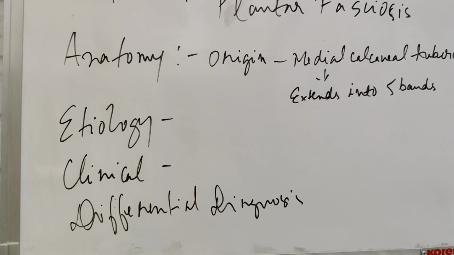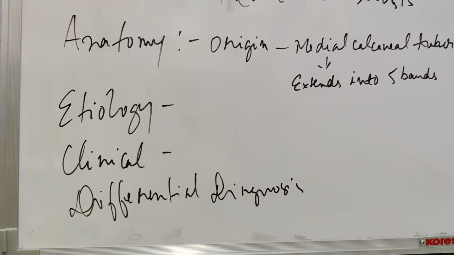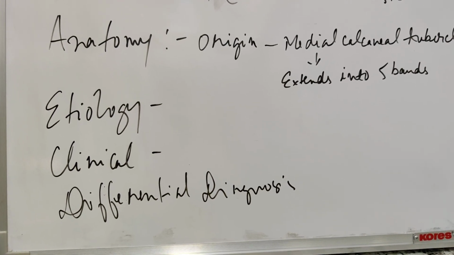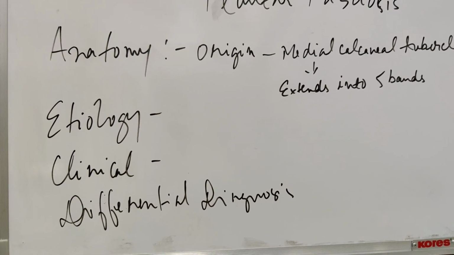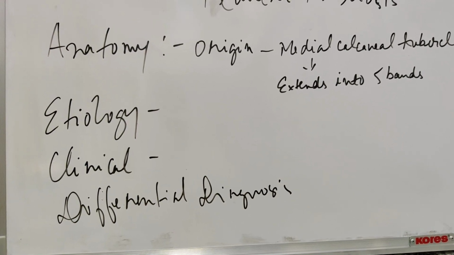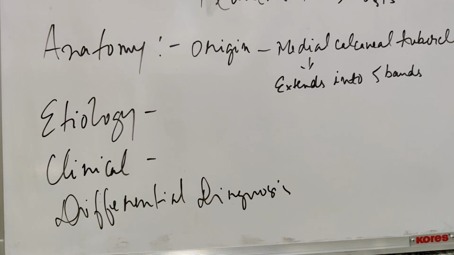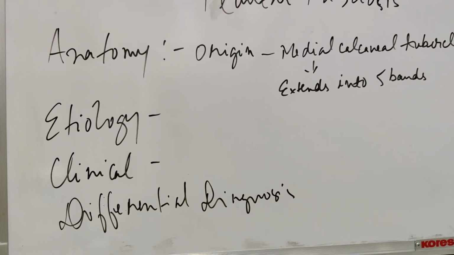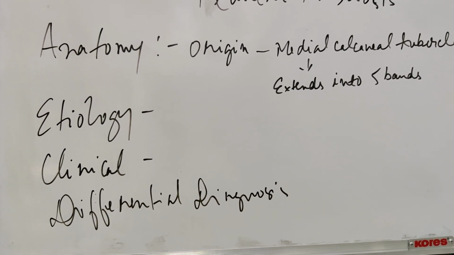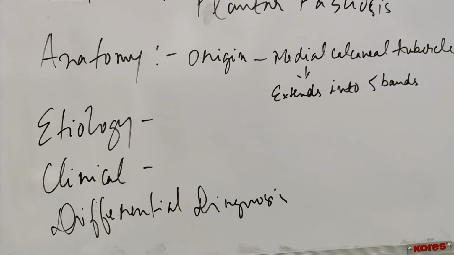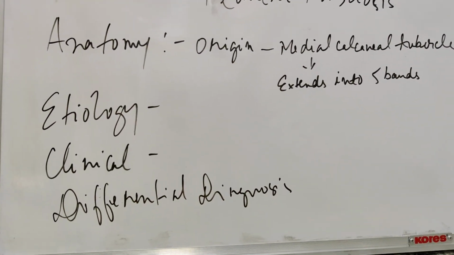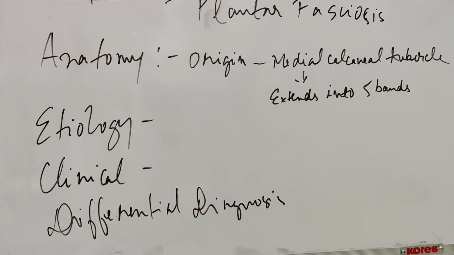Among soft tissue factors, there may be Achilles tendinopathy, fat pad atrophy, heel contusion, plantar fascia rupture, posterior tibial tendinitis, or retrocalcaneal bursitis.